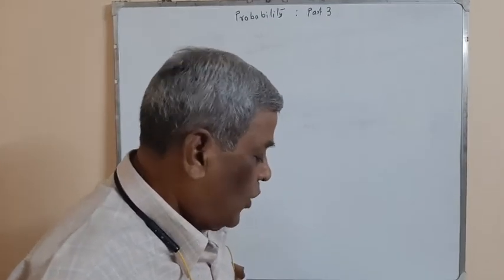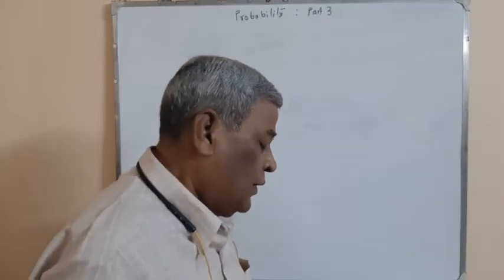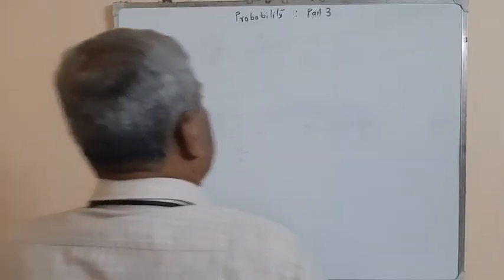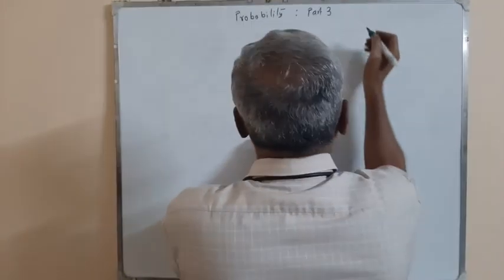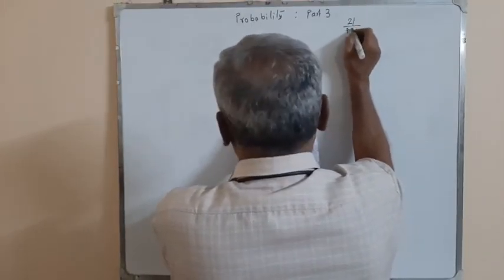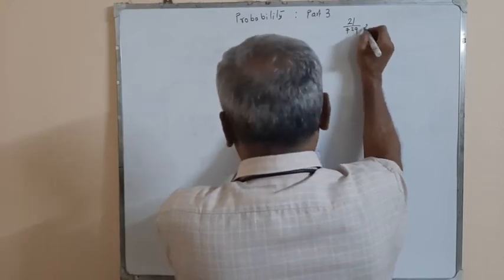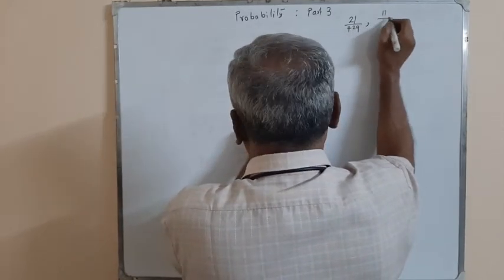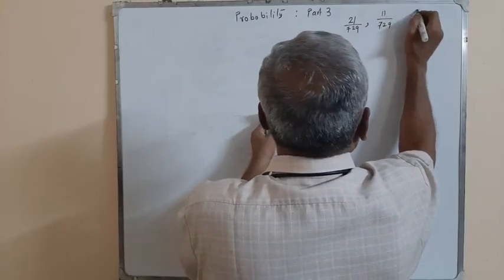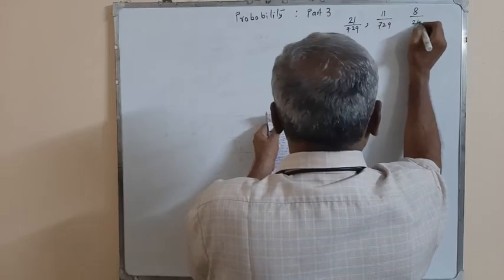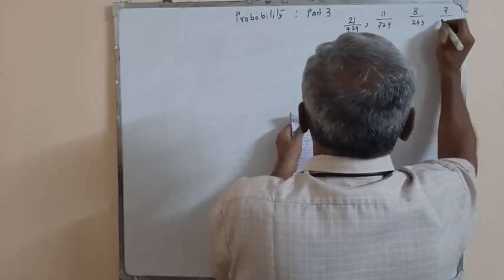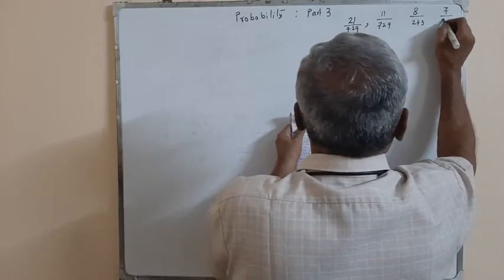The probability of getting a score of 9 twice is, options: 21 by 729, 11 by 729, 8 by 243, and 7 by 729.